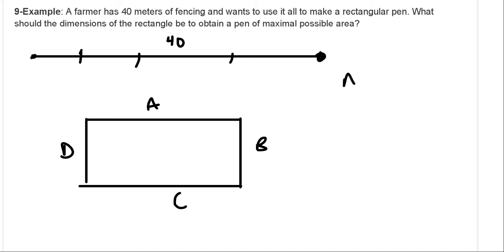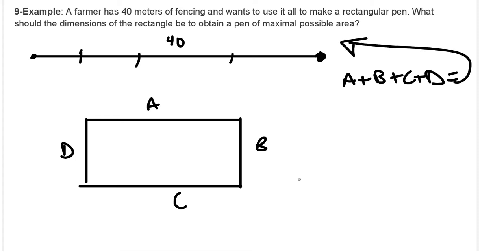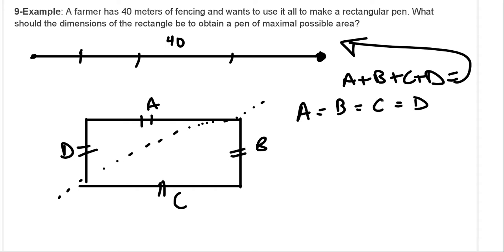That A plus B plus C plus D all equals 40. And he wants to get the most space out of this. Now, if it's perfectly symmetrical, where it literally divides up evenly, that means A equals B equals C equals D, and therefore the lengths are all the same.